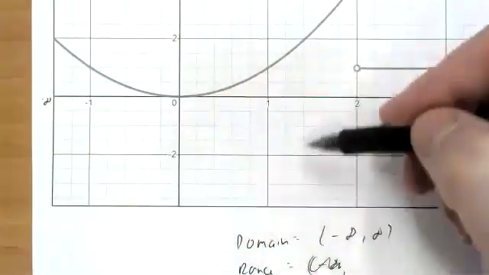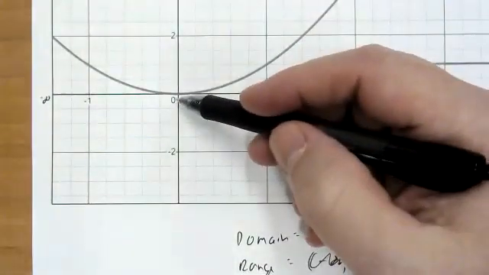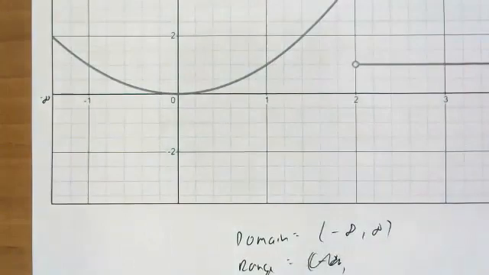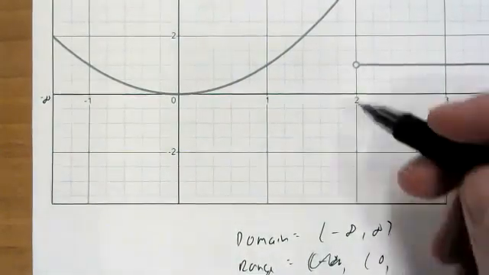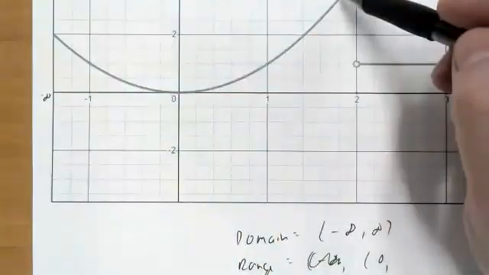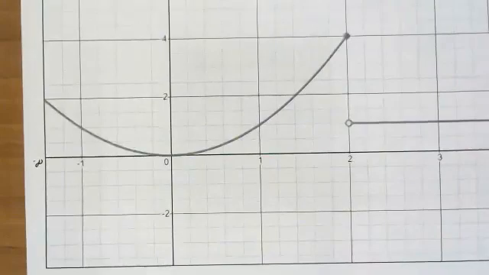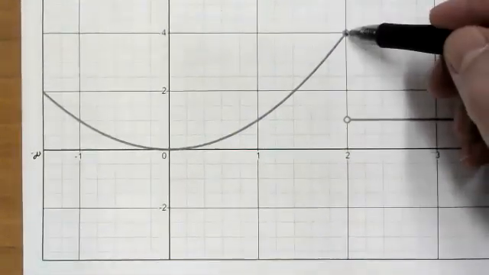How about the range, the up and down? Well, you can see there's not even any graph down here. The graph starts right here at 0. Then how far up does it go? Well, you can assume that these go on forever. Oh, sorry, it doesn't go on forever.